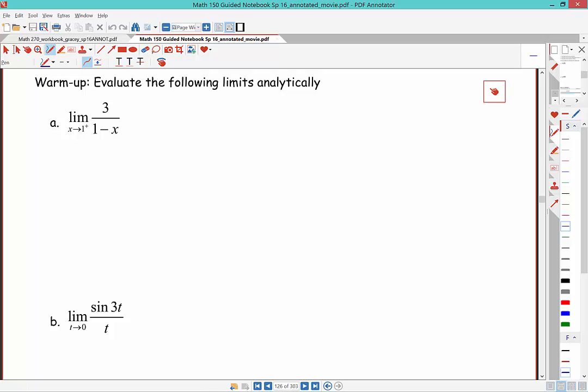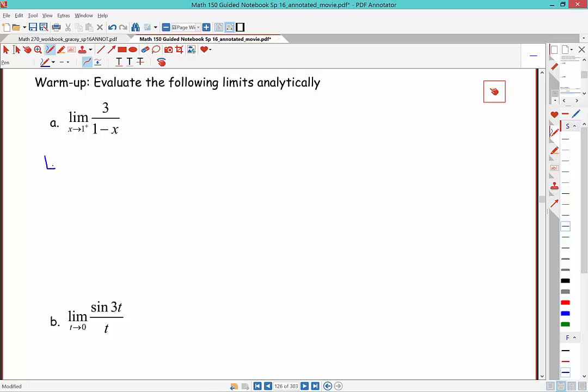Okay, let's see how you did. We'll be looking first at this limit here, the limit as x approaches 1 from the right. With direct substitution, you would get an undefined result. So we basically just need to figure out if we're going to end up with a positive or a negative result, and that will tell us if we're going to positive or negative infinity.